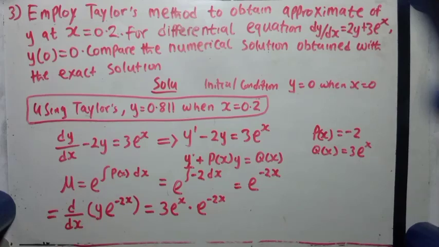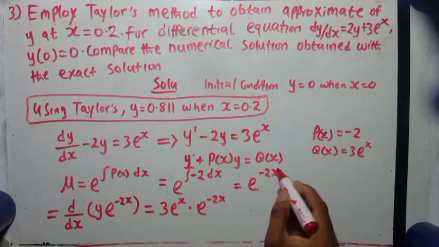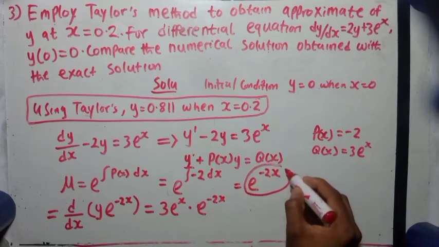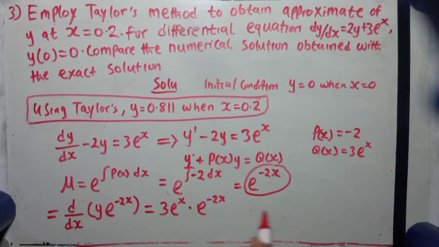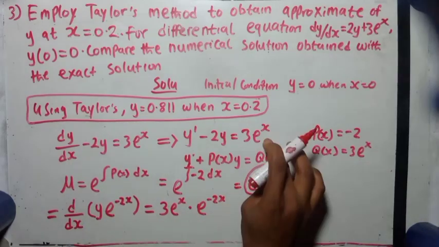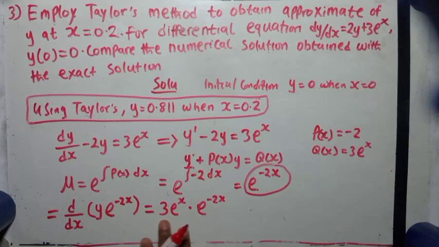The simple thing you just need to do is, after getting your integrating factor, which is this guy, you multiply it to d/dx of y. You introduce your integrating factor and then multiply it by your what? Your 3 exponential x, which is your q of x.